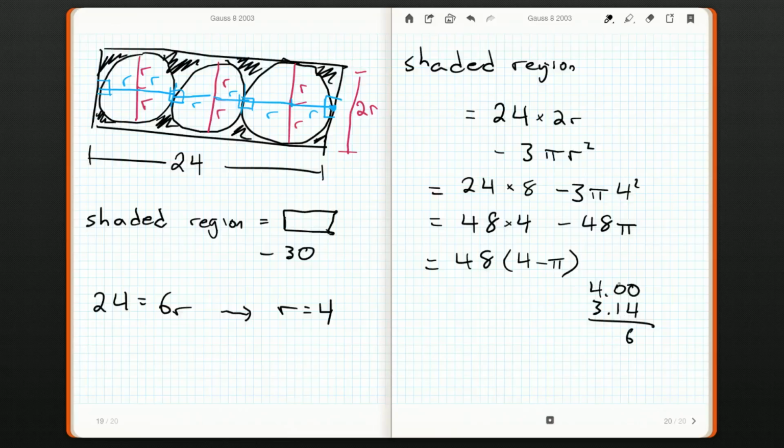So 6, that becomes a 9, 8, and that's a 0. So 0.86 times 48. We get 0, 0. 6 times 8 is 48. Carry the 4. 8 times 8 is 64, so that should be 68.